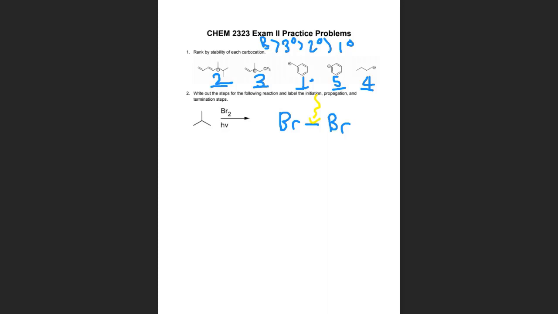And so what we do is we form two radicals like this. So now we get bromine radicals, like so. This is known as the initiation step. So initiation is the formation of the radicals from light.